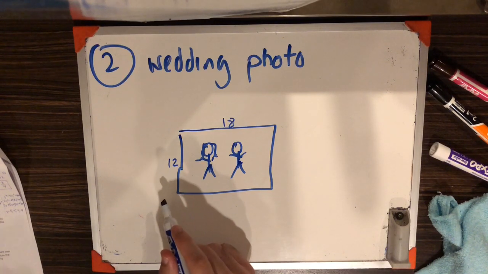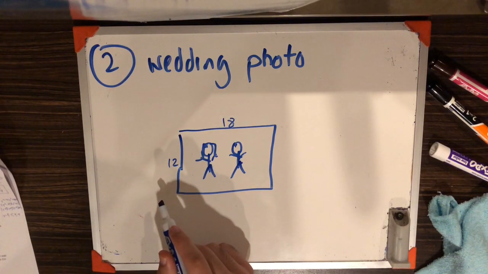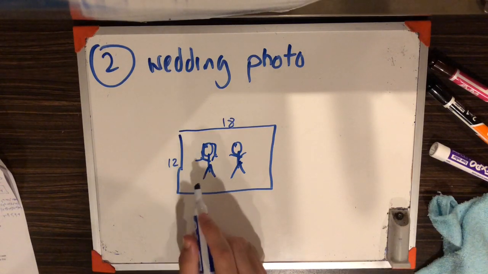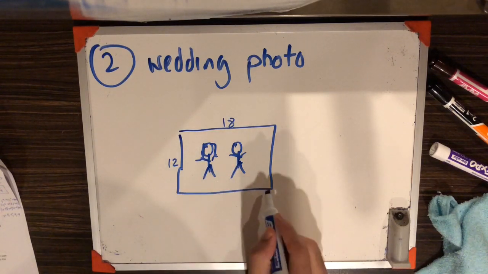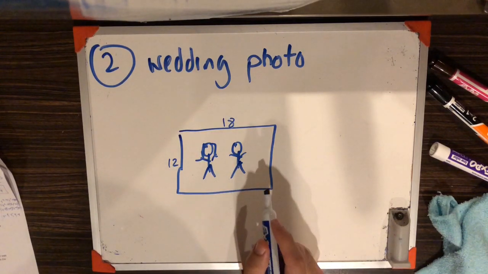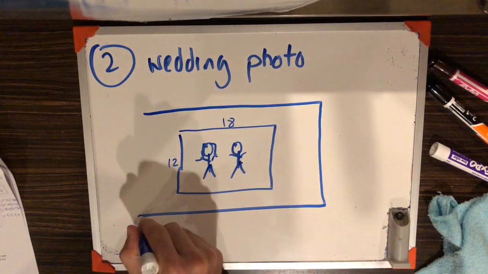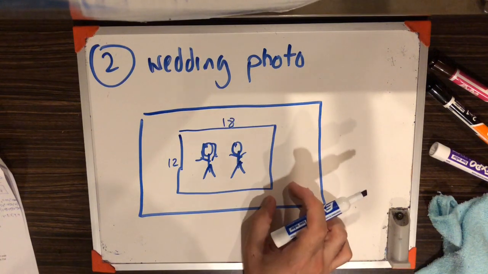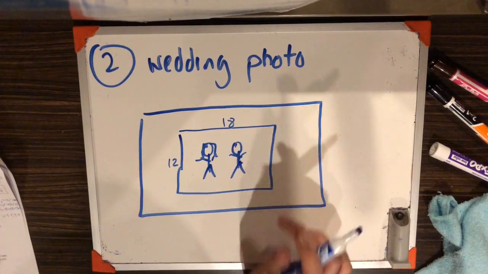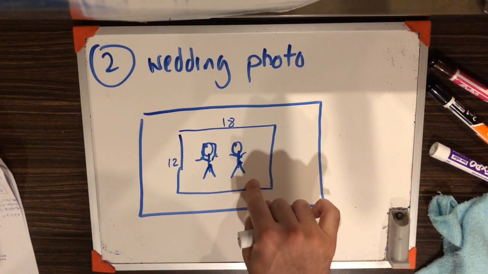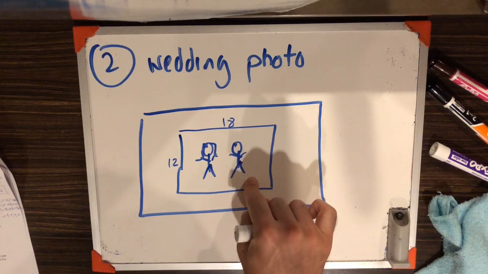It's saying it's being fitted around a frame that is going to be the same area as this photo. So here's my frame. This frame is the same area as this wedding photo.